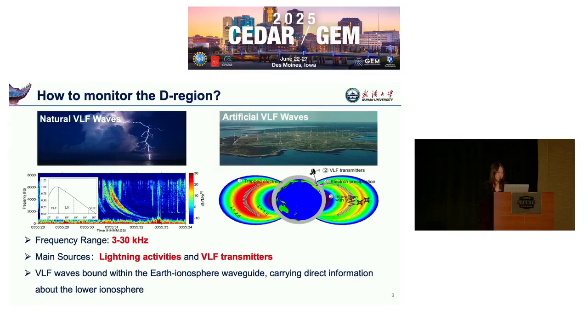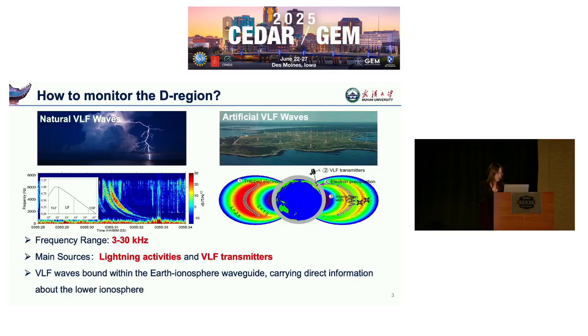So how to monitor the D region? I would say very low frequency signals. The frequency range of very low frequency signals is from 3 to 30 kilohertz. There are two main sources in geospace. One is lightning activity, and the other one is artificial very low frequency transmitter signals.